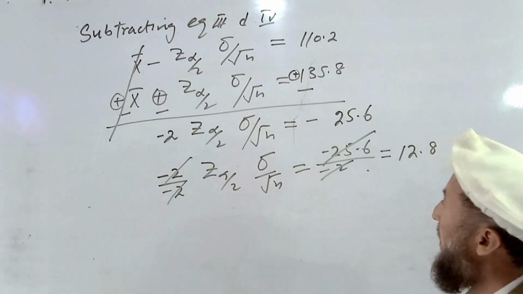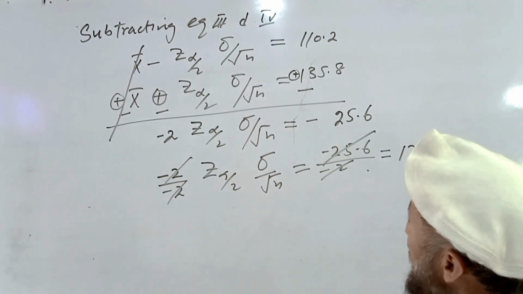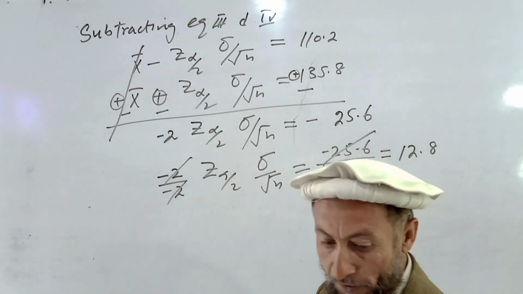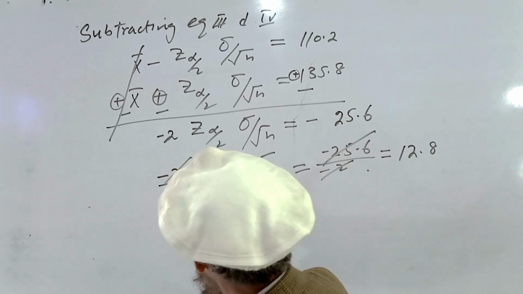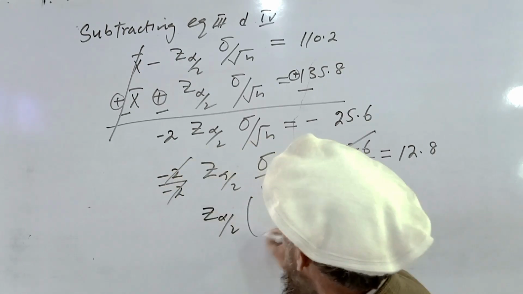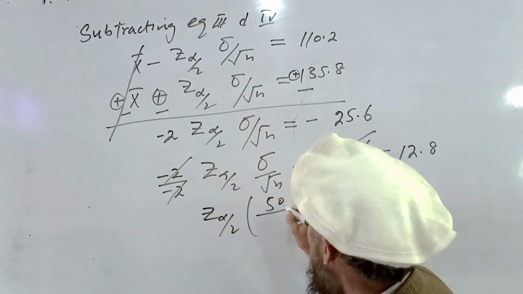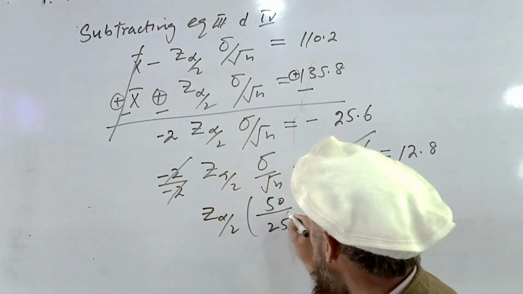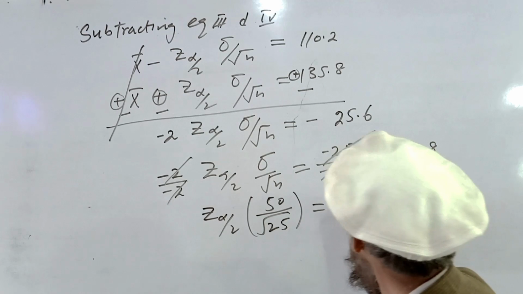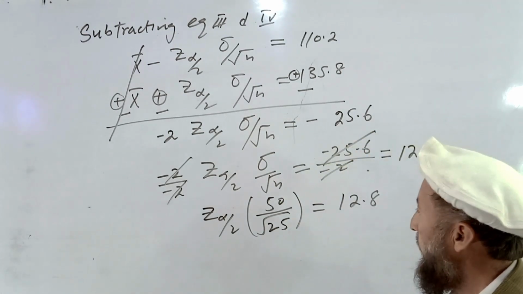Now sigma was known here, sigma is 50, so z alpha by 2 times 50 divided by root n, with n equal to 25, equal to 12.8.